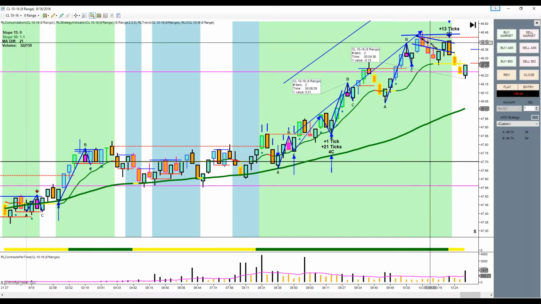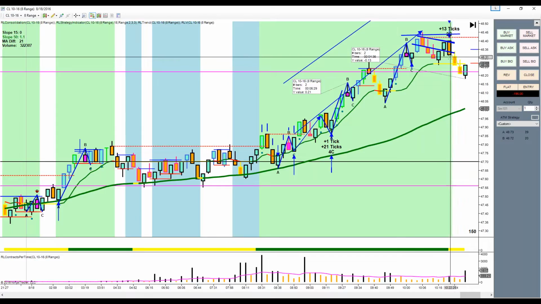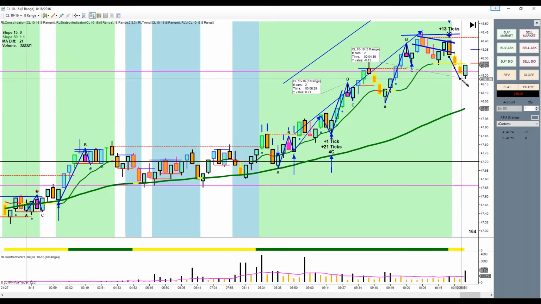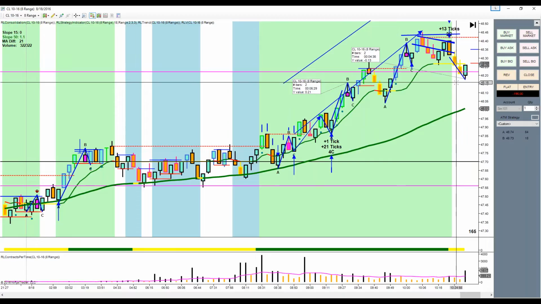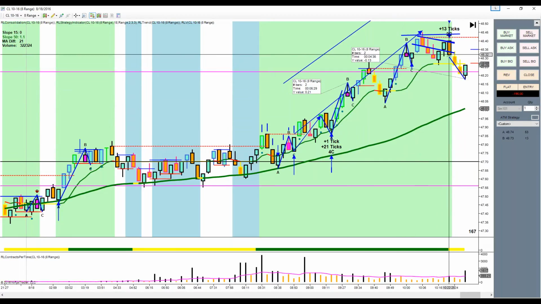So what you get is a falling channel off of a double top. These are lower risk trades. They're still more risky than a trend trade, which is why we only take them with 2 contracts and not with 4.